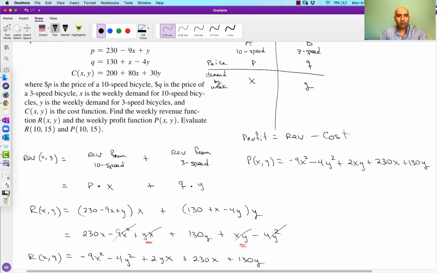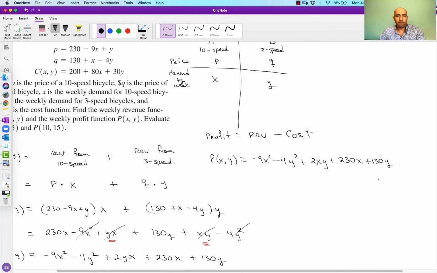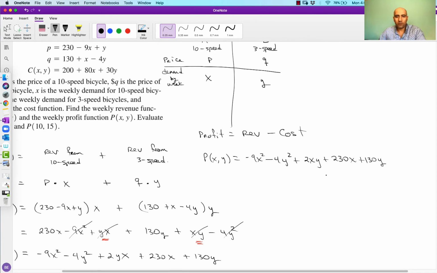And then from that, we're going to subtract off the cost function. So minus, I'm just going to squeeze it underneath here a little bit, minus 200 plus 80x plus 30y. Okay, so there's our answer.